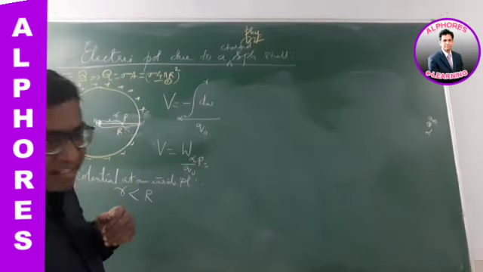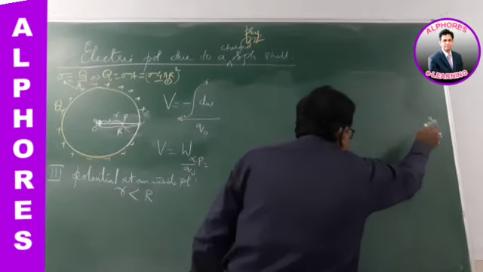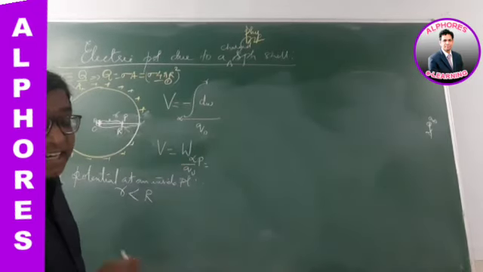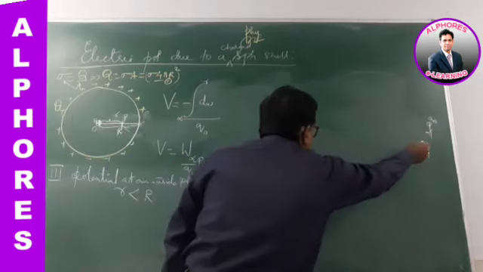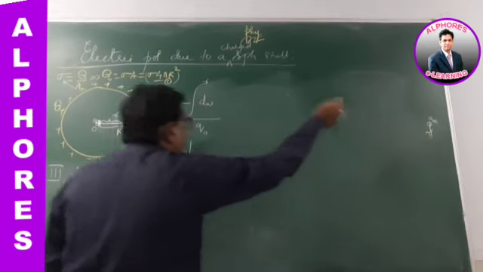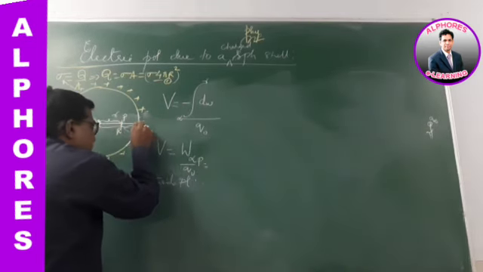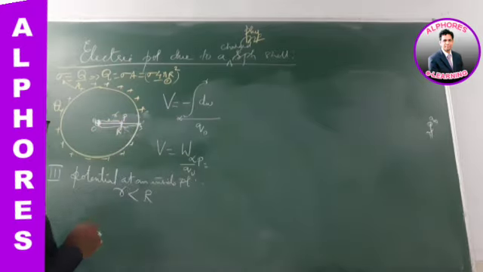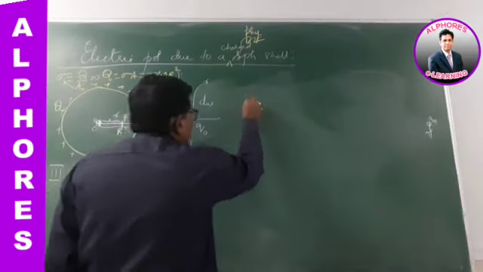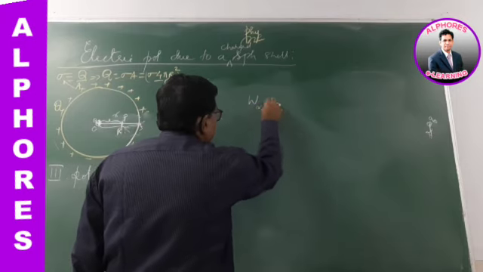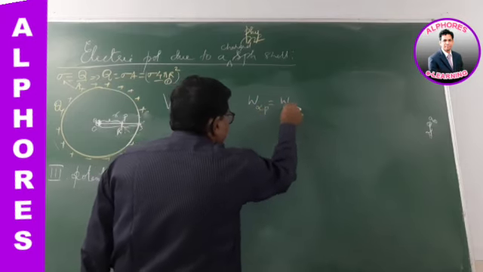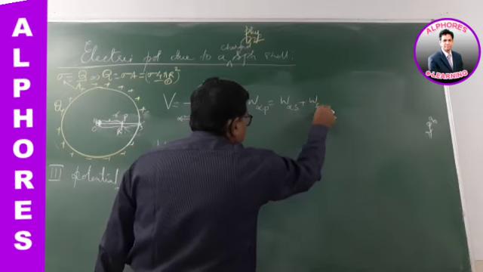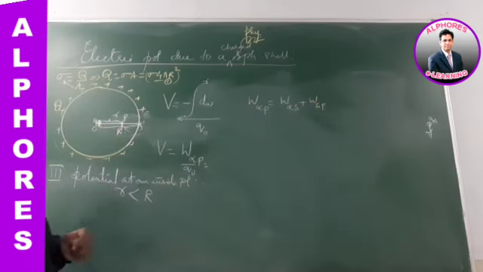Well, I shall write this as work done in moving a test charge from infinity to the surface point and from surface to the point P. The total work done from infinity to point P is work done to move from infinity to surface plus the work done to move from surface to the point P, because the point is inside.